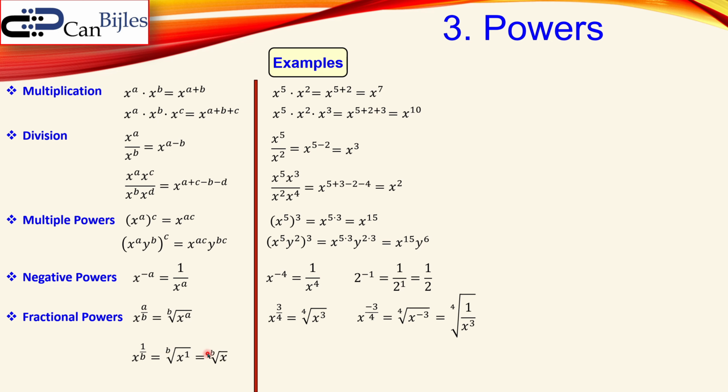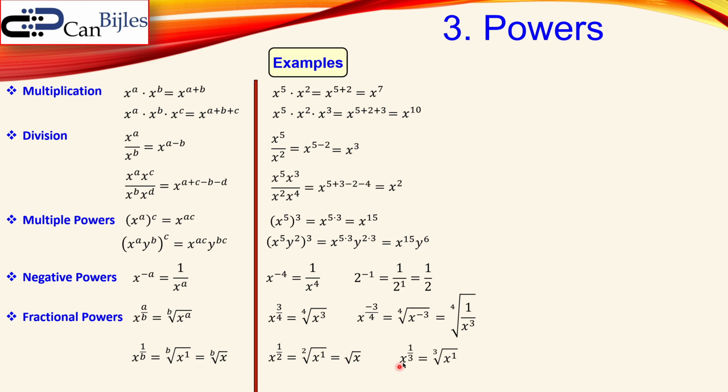That means this is the b-th root of x. Let's see an example. So x to the power 1 over 2 is the square root of x to the power 1. In this case there's a 2 here, but that's automatically the standard square root. So you can just drop that 2, you can also drop that 1. So in total, effectively, this is the expression.